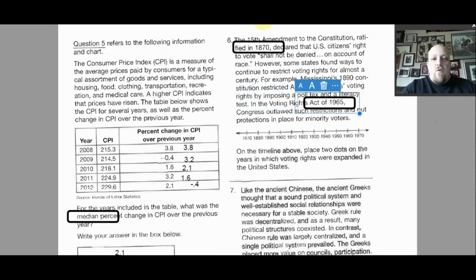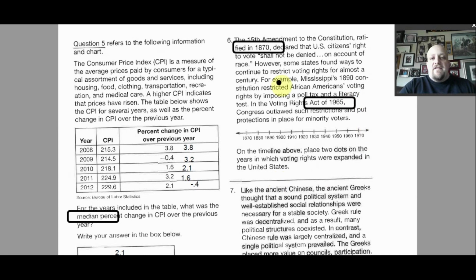So the next question, so what we're looking for in the question, here's a timeline. On the timeline above, place 2 dots on the years in which voting rights were expanded. That's an important one here, expanded, in the United States, because it's asking what 2 times, like what years were voting rights leaping forward, instead of being stuck or staying in the weeds.